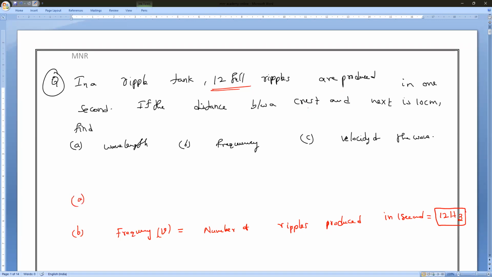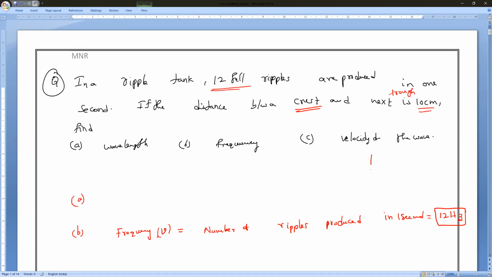Then the first question. They have given the distance between a crest and the next trough. Here it is missing, I think it was erased. The distance between a crest and the next trough is 10 centimeter.